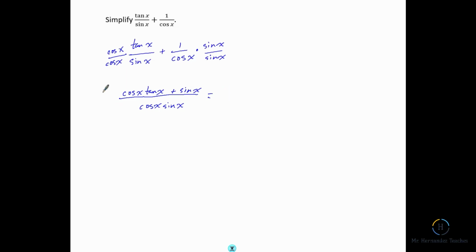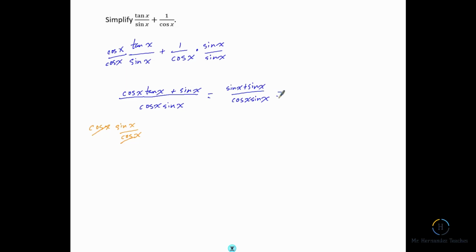Let me write just that part over here, cosine times tangent. But tangent I'm going to rewrite as sine x over cosine x, that quotient identity. So those two divide out, and what's left from here is sine x plus sine x divided by cosine x sine x. In this numerator I have sine of x plus sine of x.